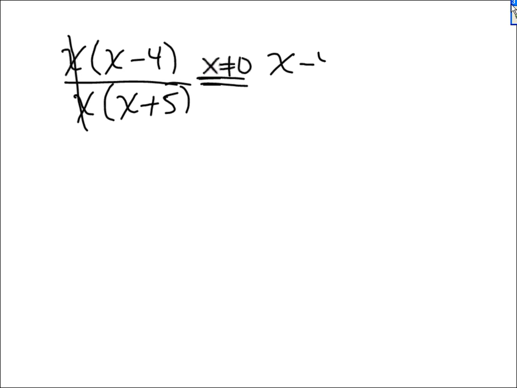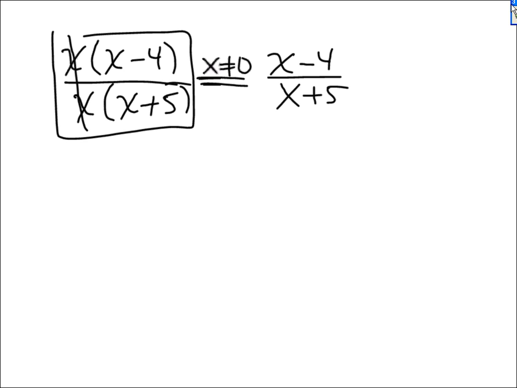And then put your best shot: x minus 4 over x plus 5. And that's true. This mess, including the x on top and the bottom, equals this, provided x is not 0.